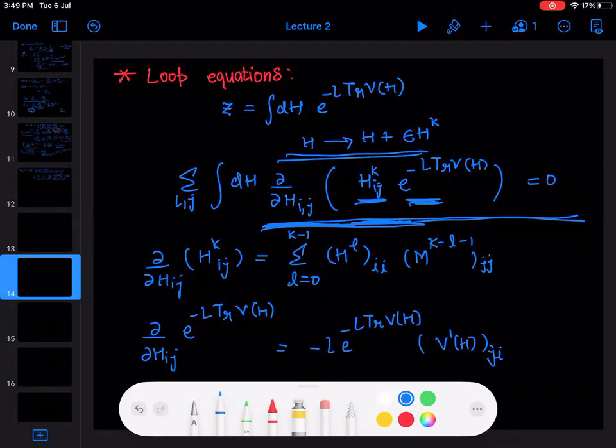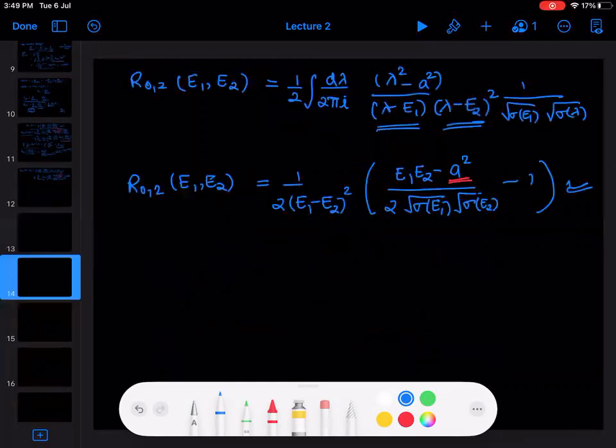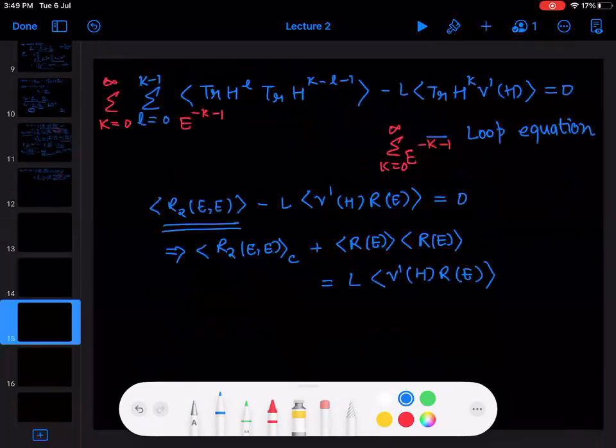Yes, you can say that. What I wrote here is the simplest, or the master, or the first loop equation, and then we'll write down a more generic loop equation which involves the higher order R_{g,n}. If the name loop is confusing, you can just call them Ward identities. They're the same thing.